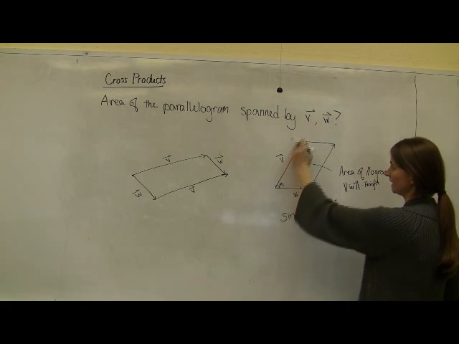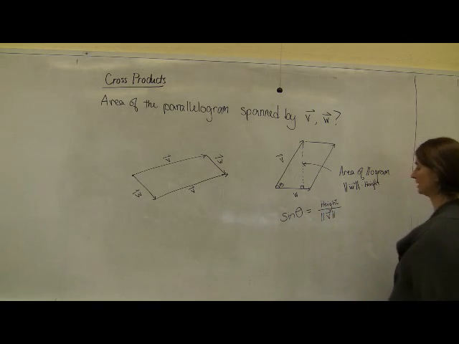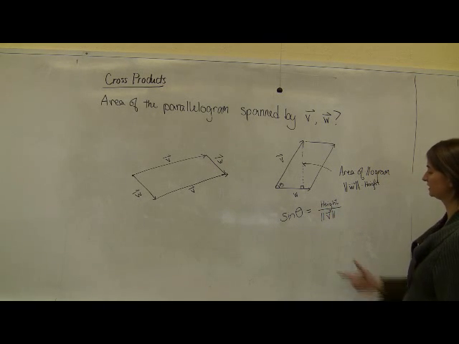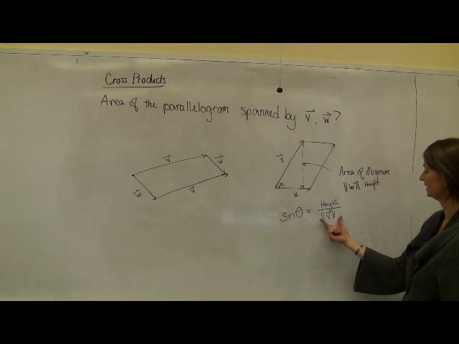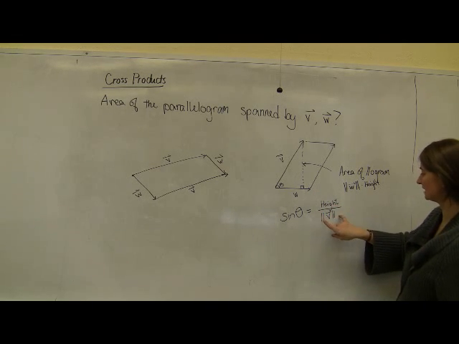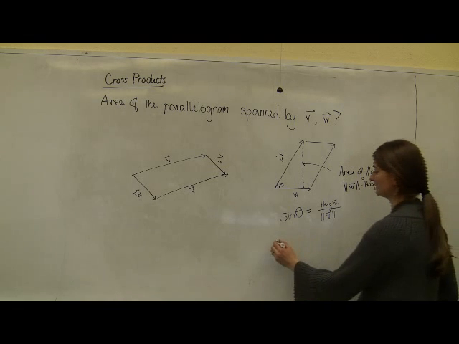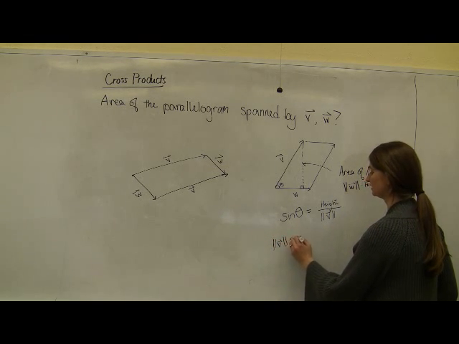And in this case, the hypotenuse is the magnitude of v. So I just found out that the sine of theta is the height over the hypotenuse. If I'm solving for height, my height is going to be exactly equal to the magnitude of v times the sine of theta.